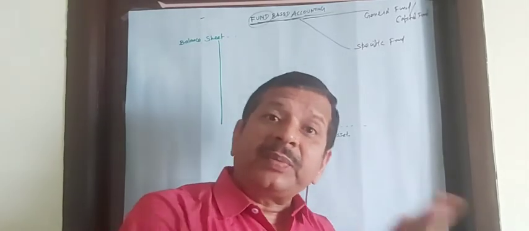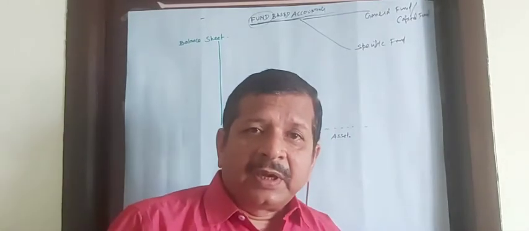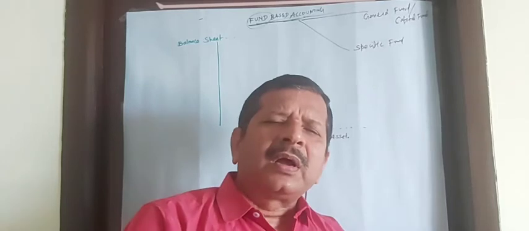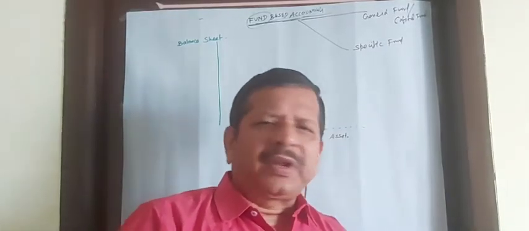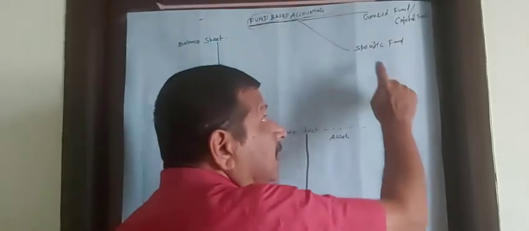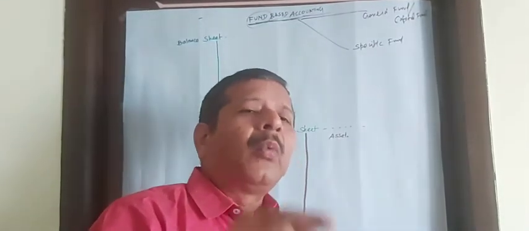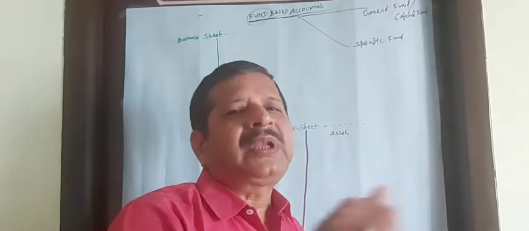The difference between the general fund and the specific fund is that the general fund money can be utilized for any day-to-day expenses of the not-for-profit organization, but the specific fund amount should be utilized only for the purpose for which it has been collected.